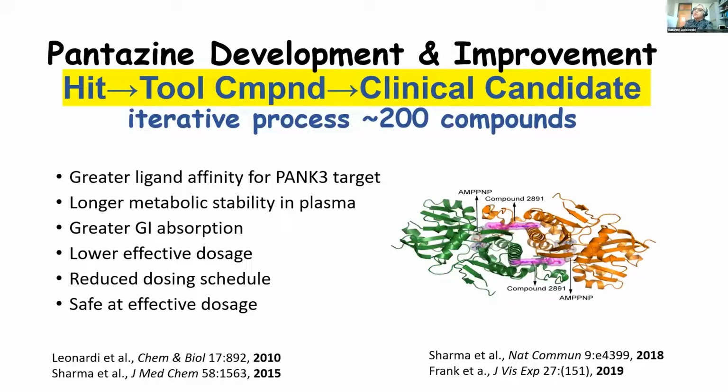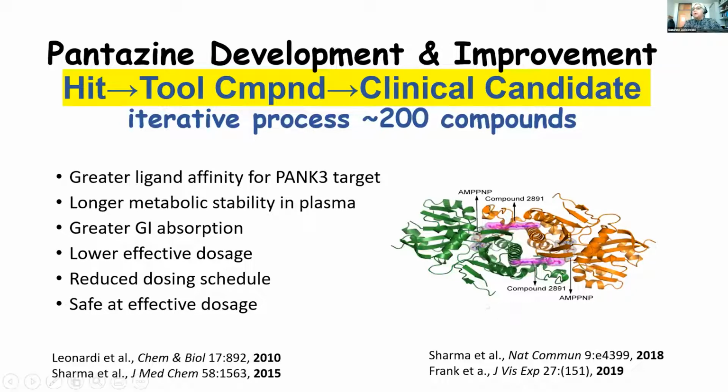Starting with that initial scaffold, we synthesized about 200 compounds and introduced different chemical modifications that were guided by our detailed knowledge of the pantazine binding pocket in the PANK3 protein structure.